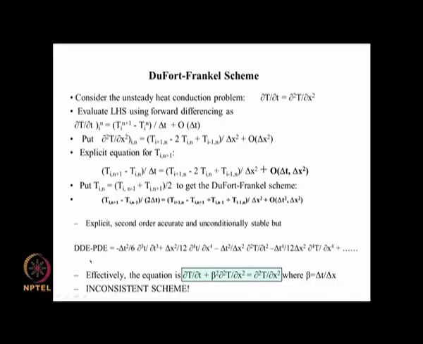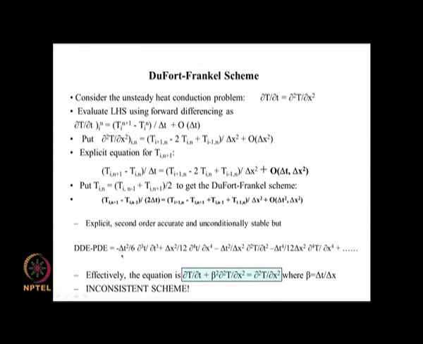Okay. But if you look at the truncation error for this, that is the DDE minus PDE, then through Taylor series expansion we can show that it is of this particular form, where all the derivatives are evaluated at i and n, so at the same x and t location.